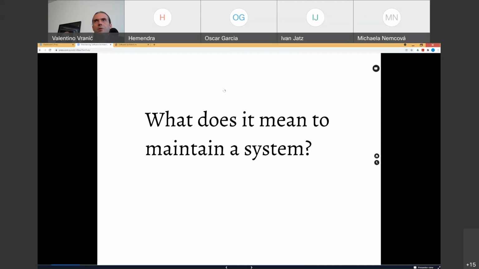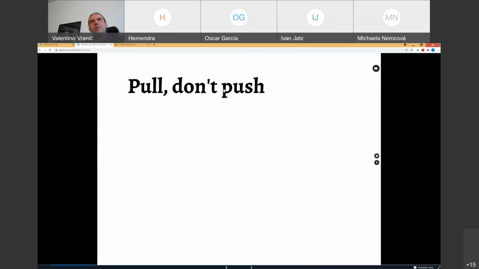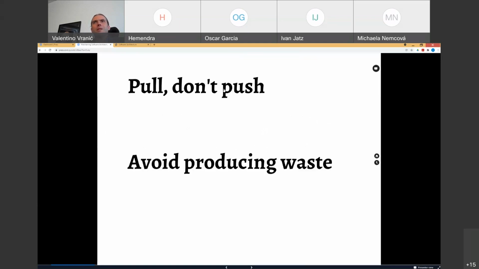All kinds of this stuff happen, but let's think for a moment about this. What I used even in the beginning of the lecture: pull, don't push, and avoiding producing waste are the things that we talked about. So we don't want to push some things on users and create some things that are not wanted.